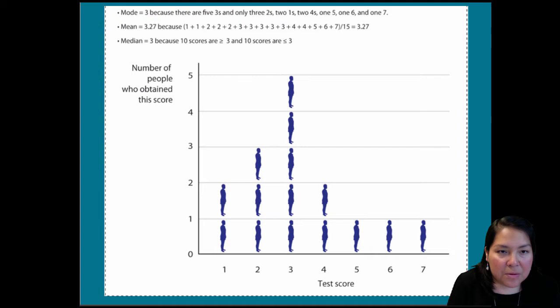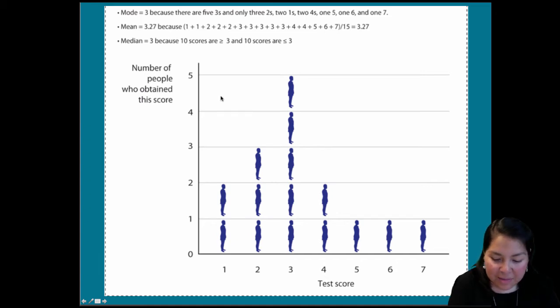The mode is 3 because that is where most people scored on the test, as we can see here. And then the mean was 3.27. So they added all of the values, 1 plus 1 plus 2 plus 2 and so on and so forth, and then divided by how many people were actually in the data set.